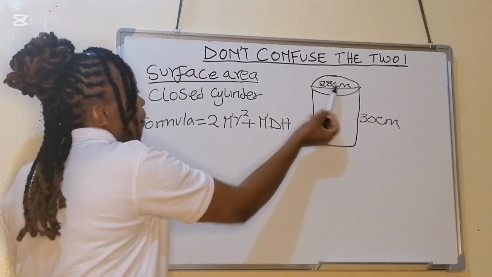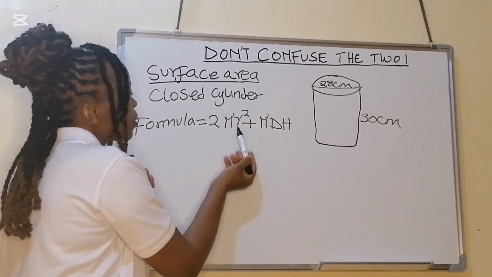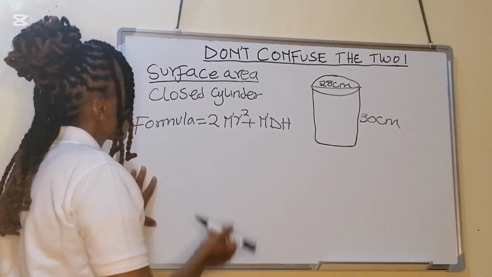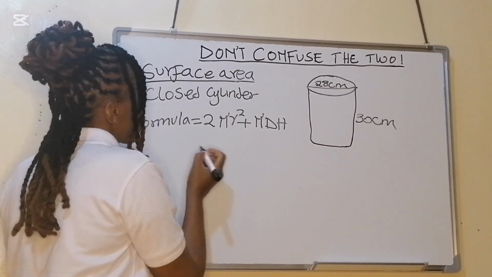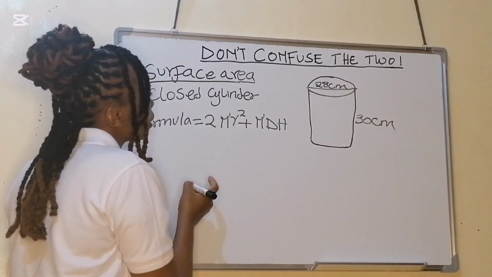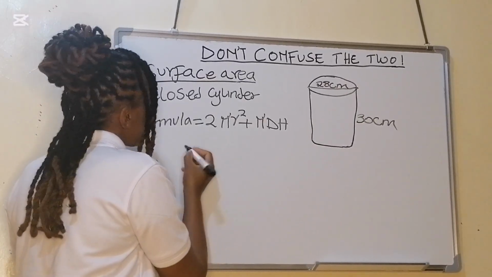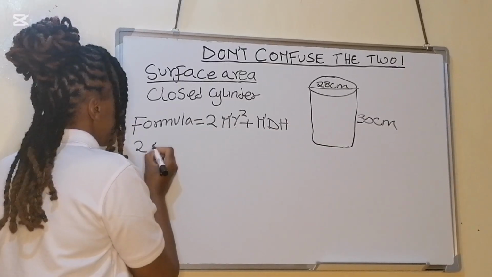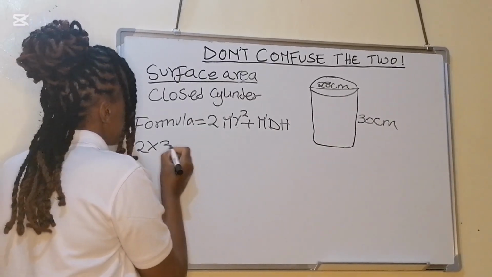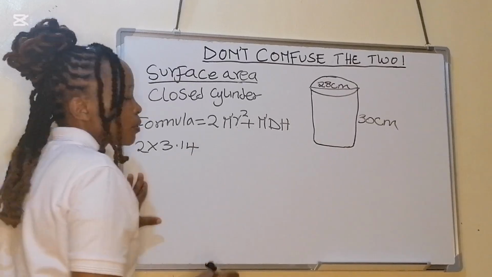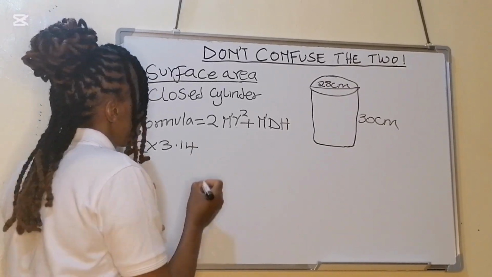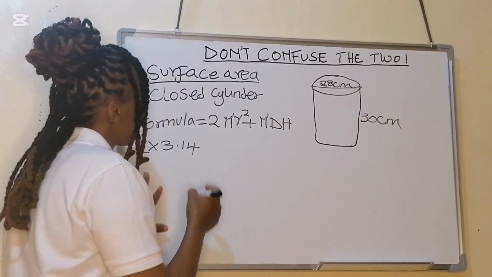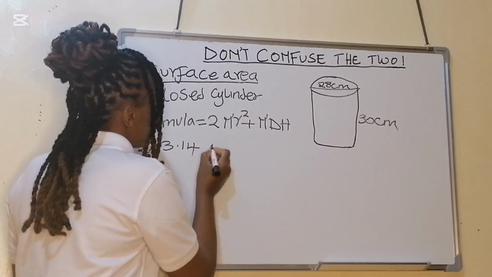Here we have diameter and we are supposed to know the radius. Radius is diameter divided by 2. So 28 divided by 2 is 14. So our radius is 14. So let's continue calculating. 2 times pi, I'm going to use 3.14. Sometimes we are told to use 22/7. And if you are not told to use any, you are going to choose which one you feel comfortable with.